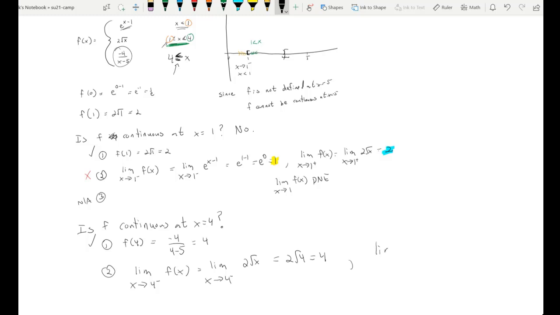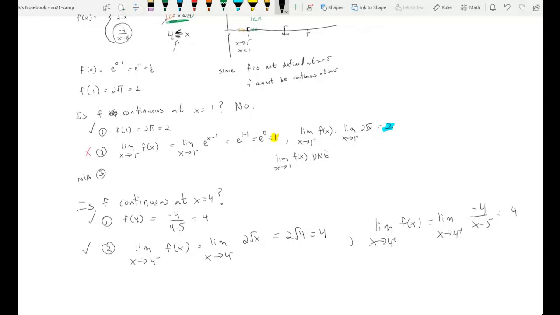And the limit from the right will be the same. This time we'd be using the last piece because x is greater than 4. So indeed you get a 4 as well if you evaluate that directly. So the limit does exist. The limit as x approaches 4, regardless of side, is 4.